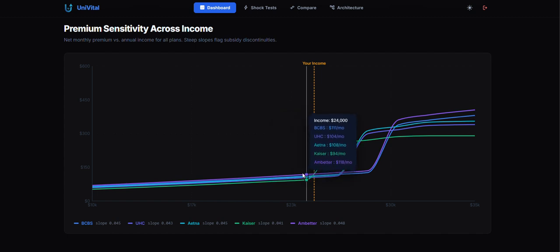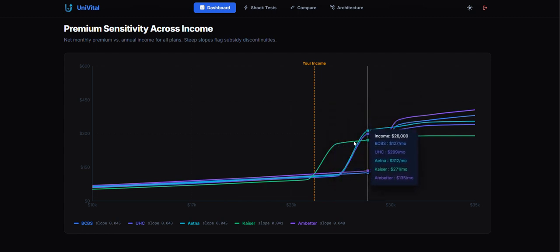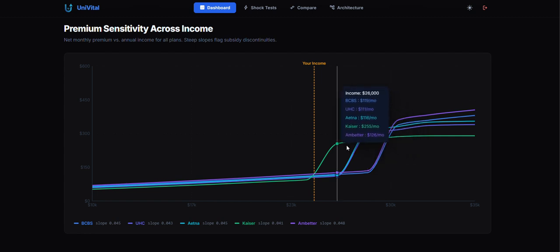So as subsidies shrink or expire, some plans become much steeper than others. Each line here represents a different one of the five plans suggested to me. Some curves are relatively flat, meaning stable premiums over income change, whereas others spike dramatically, meaning high fragility. This allows students to compare premium stability across plans, not just current price.